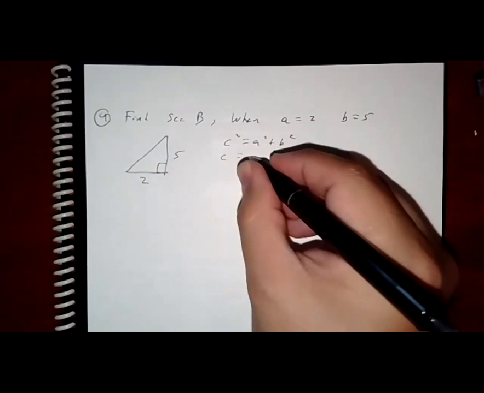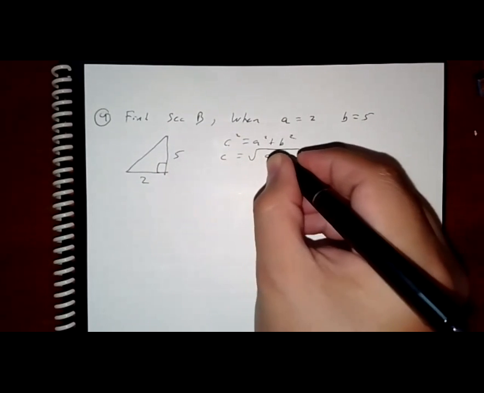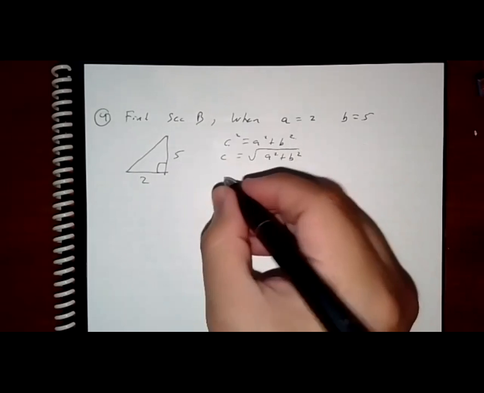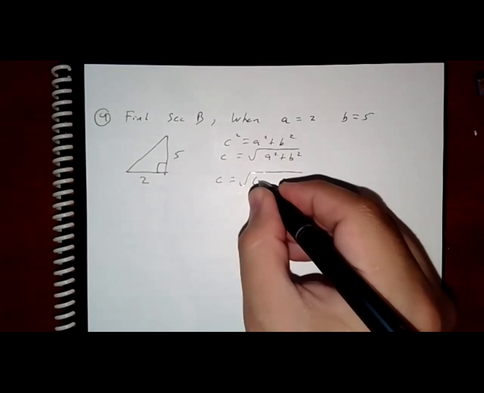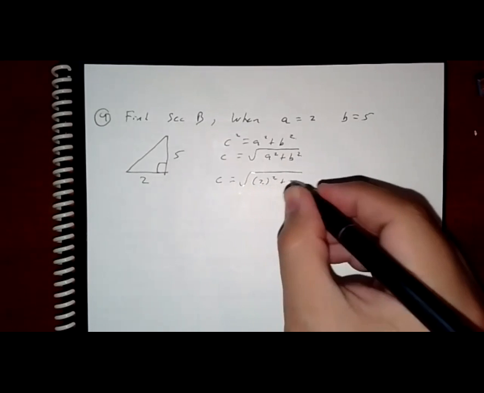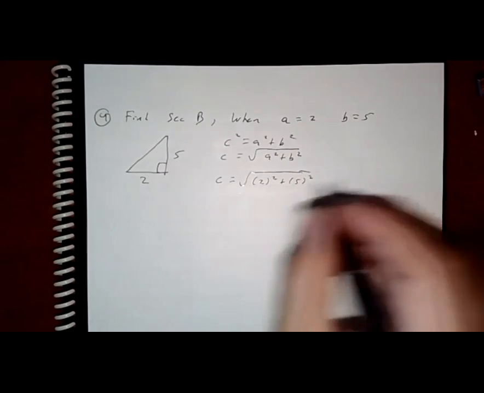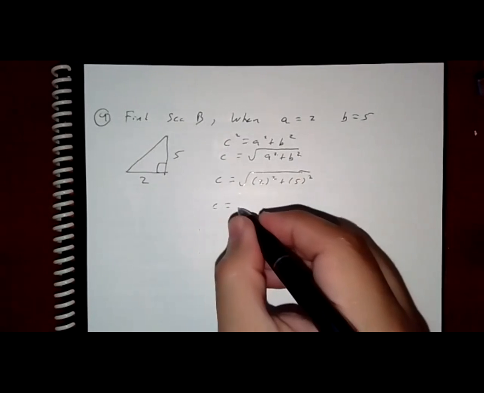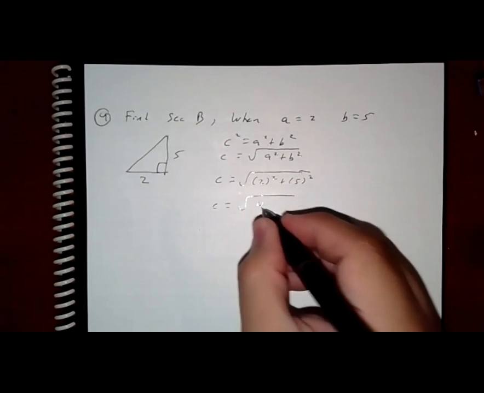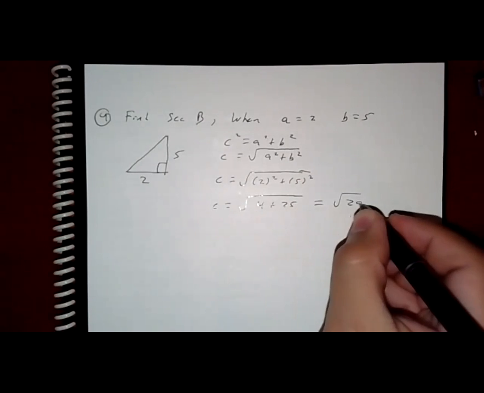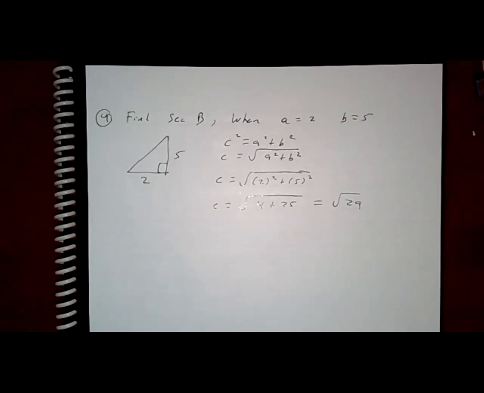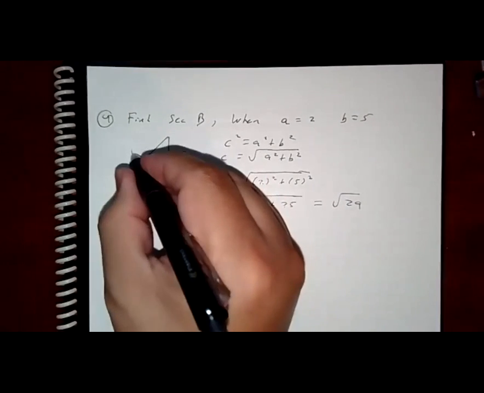C would be the square root of 2 squared plus 5 squared. So C would be the square root of 4 plus 25, square root of 29. Now we have all three sides, so we can find the trig functions.